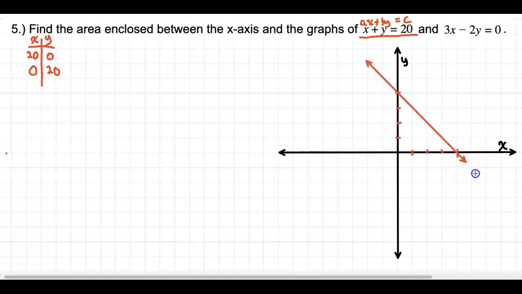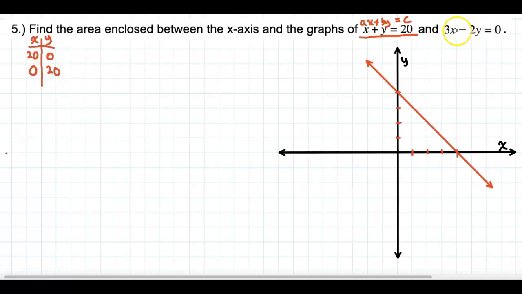And same with this one. Alright, so it looks like a slope of -1 there. You could graph it using slope-intercept, you'd have to change the format here. We could do the same thing with this one here.